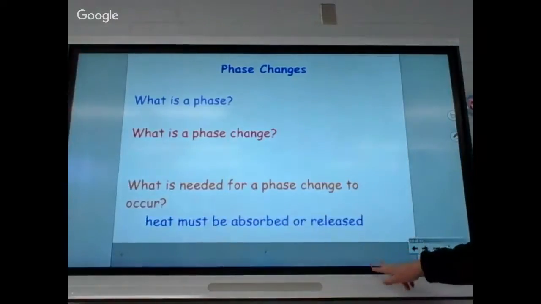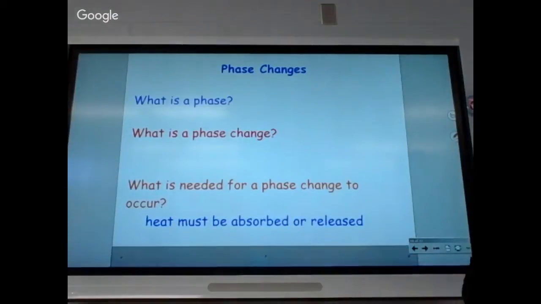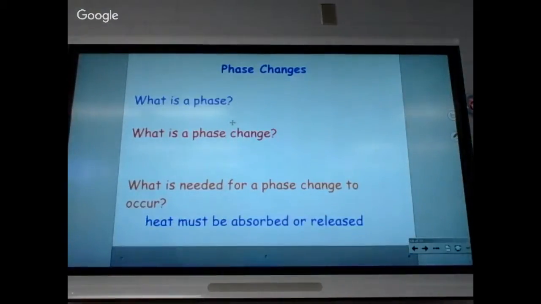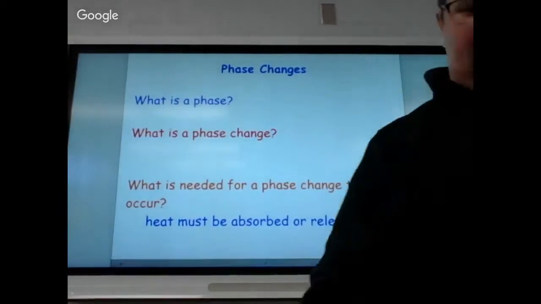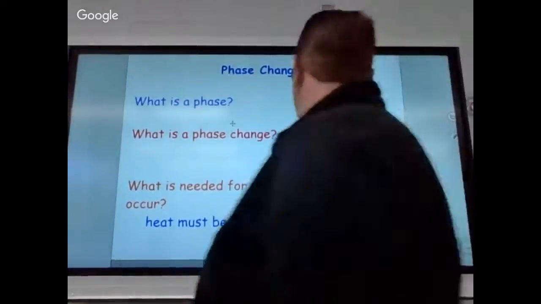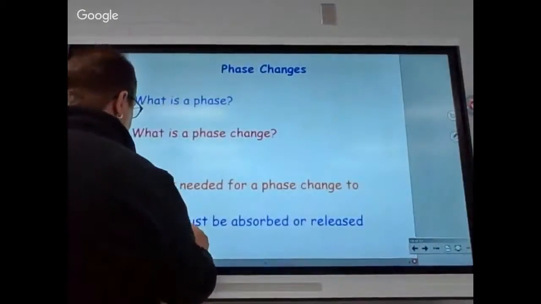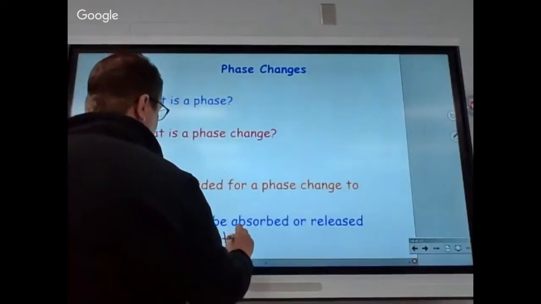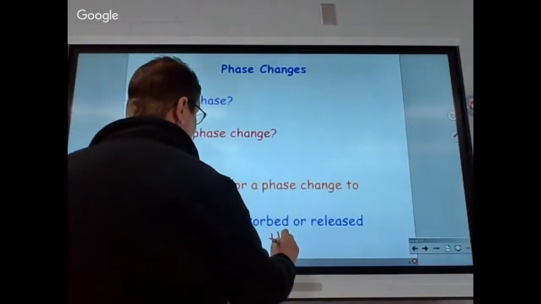The thing we talked about at the end of class is what's needed for a phase change to occur. We have to talk about whether heat is absorbed or heat is released. We finished class by talking about the fact that temperature stays the same.